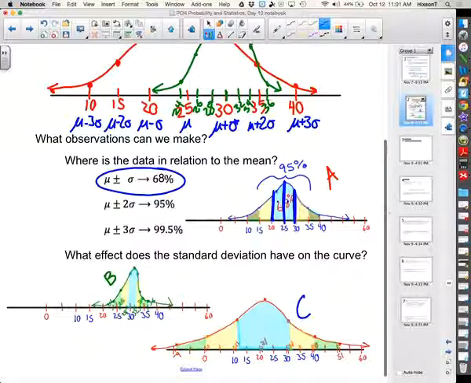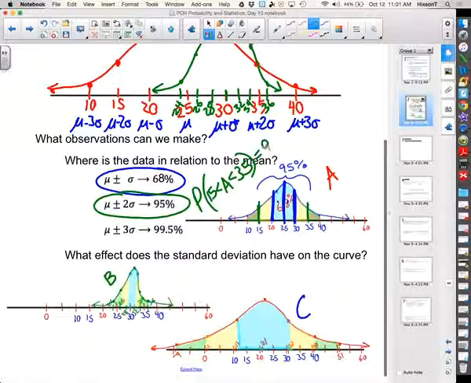Now, the mean out to 2 standard deviations is 95%. So, the probability that A is going to be between 15 and 35 is 95%. Okay?